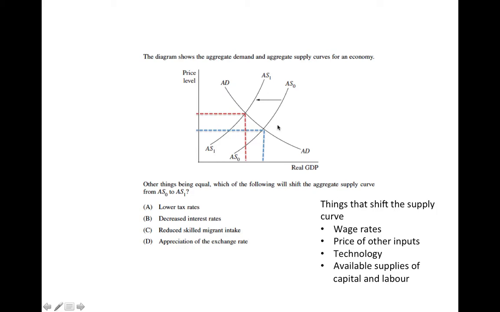We've got blue, which is the original, and red. So real GDP will decrease, and also the price level goes up as well. There's not available supplies of labour, as we can see here. We don't have as many workers, and that's why there has been a shift to the left of the supply curve.